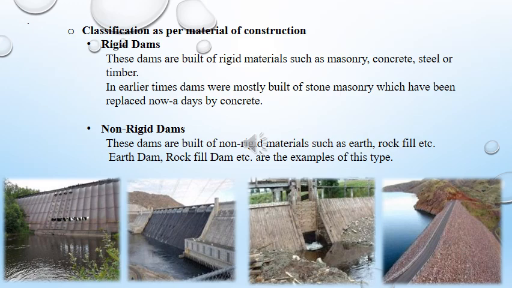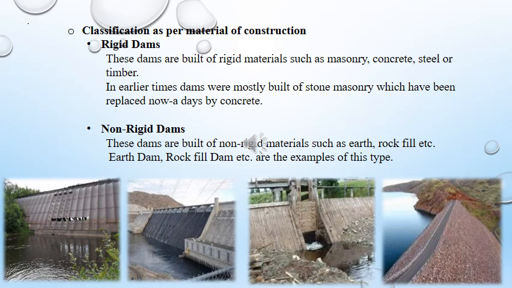Rigid dams are those which are constructed by making use of solid rigid material such as stone masonry, concrete, steel, timber, etc., and are termed as masonry or concrete gravity dam, concrete arch dam, concrete buttress dam, steel or timber dam.